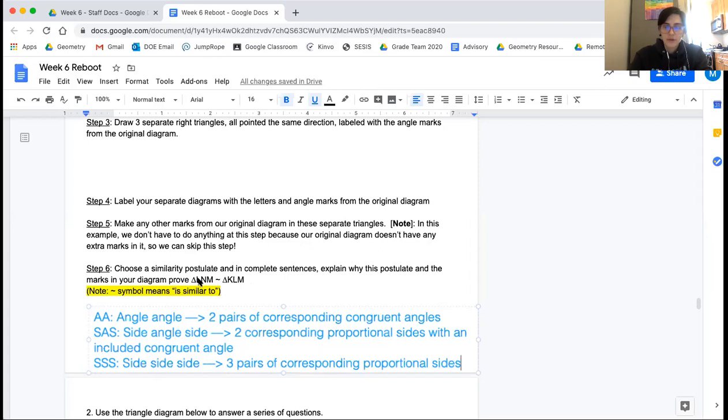You're going to think that through for yourself and explain in words how you know these 2 triangles are similar and by which postulate. So if you need to spend some time doing that, which you should, pause the video, and when you're ready, unpause, and we'll go through the next question together.